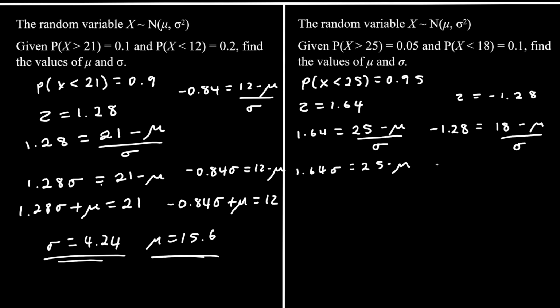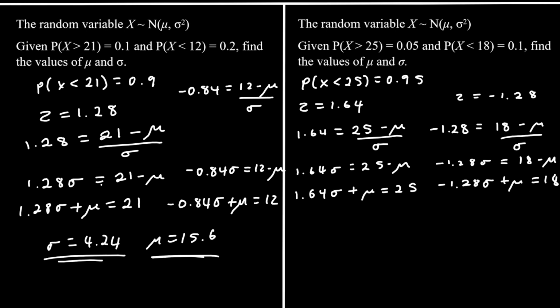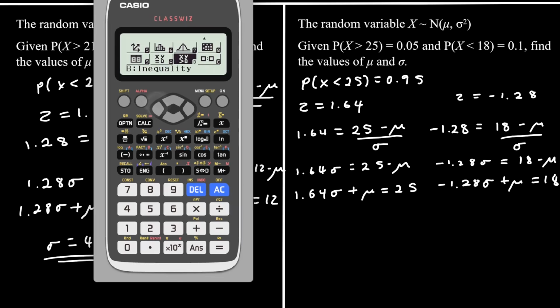So I'm going to multiply both of them by standard deviation, and I'll get both the unknowns on the same side. Then I'll just use the calculator to solve them. We could just take one equation away from the other one as well. That would also solve them, but the calculator should be quicker.